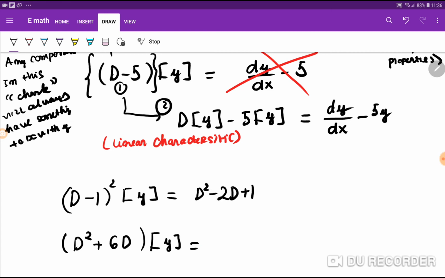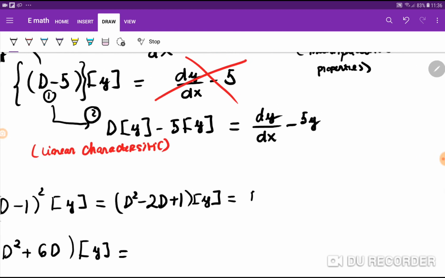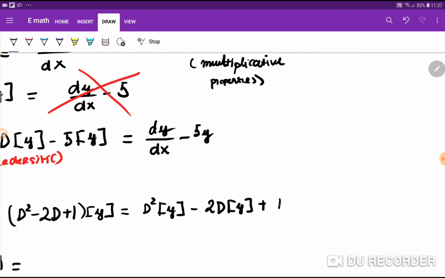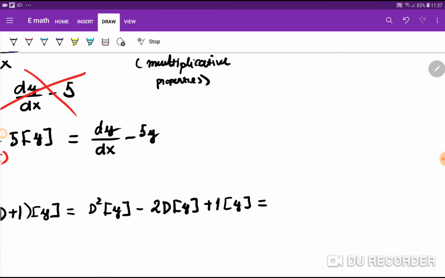First you expand the first side. You get D squared y minus 2Dy plus y. So D squared y means the derivative 2 times with respect to x: you take the derivative of y 2 times, and you subtract 2 times Dy.